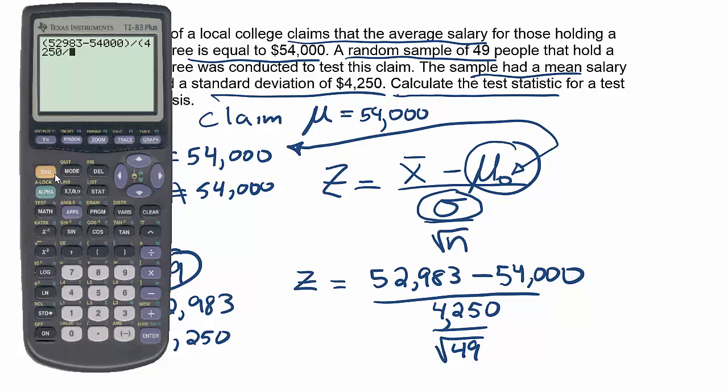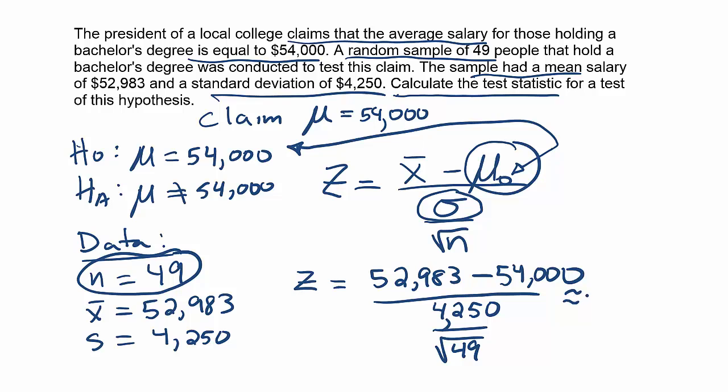You could just type 7 here, but if you didn't know what that was, you just type in square root of 49 like that, close it up, press enter, and get minus 1.675 or minus 1.68. I'm going to round it off to 2 decimal places, so I'm going to call this minus 1.68. Okay, and that's the answer to our question, which was, what is the test stat for the test of this hypothesis?